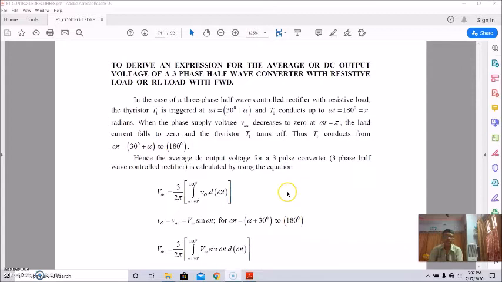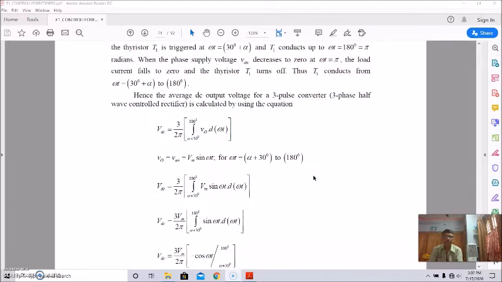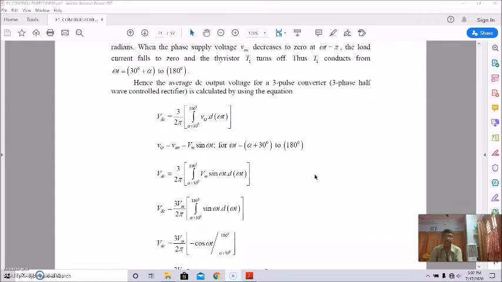So for resistive load, we can find the average DC output voltage for this three-pulse converter, that is the three-phase half-wave control rectifier, using this equation. VDC equal to 3 by 2 pi times the integration over alpha plus 30 degree to 180 degree of V0 d omega t.